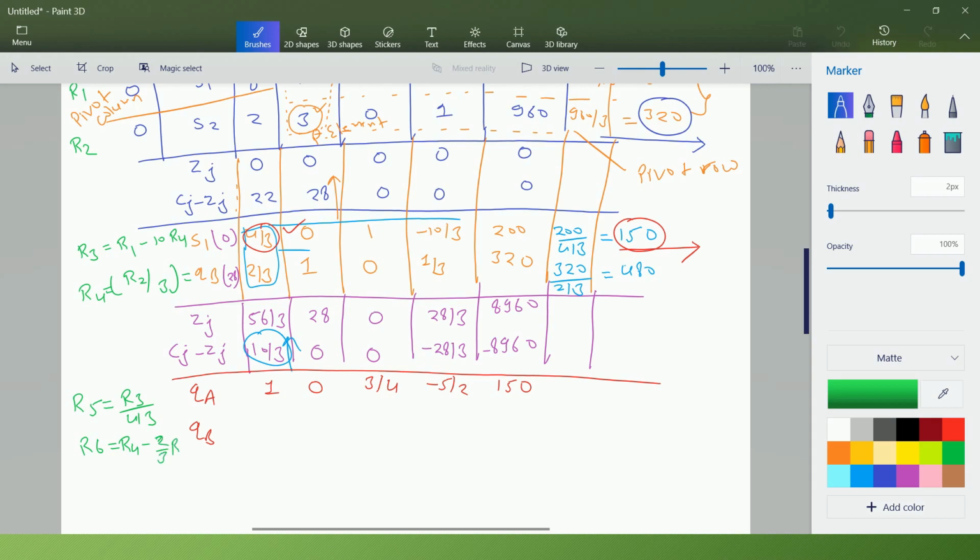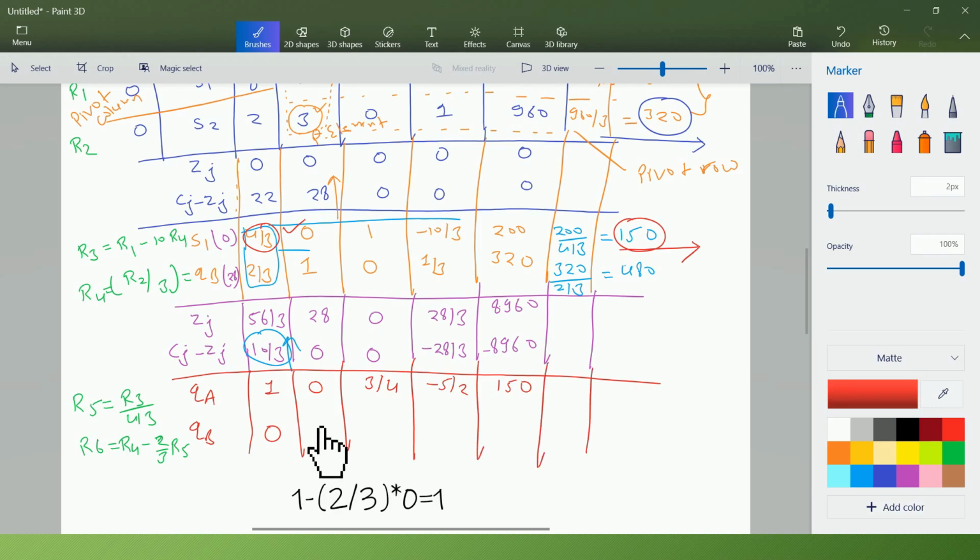2 by 3 R 5. Okay. If I multiply here by 2 by 3, 2 by 3 minus 2 by 3 will be 0. Okay. And here what I will have 1. 1, this is 0, this is 0, multiply by minus 2 by 3, I will get minus 1 by 2.